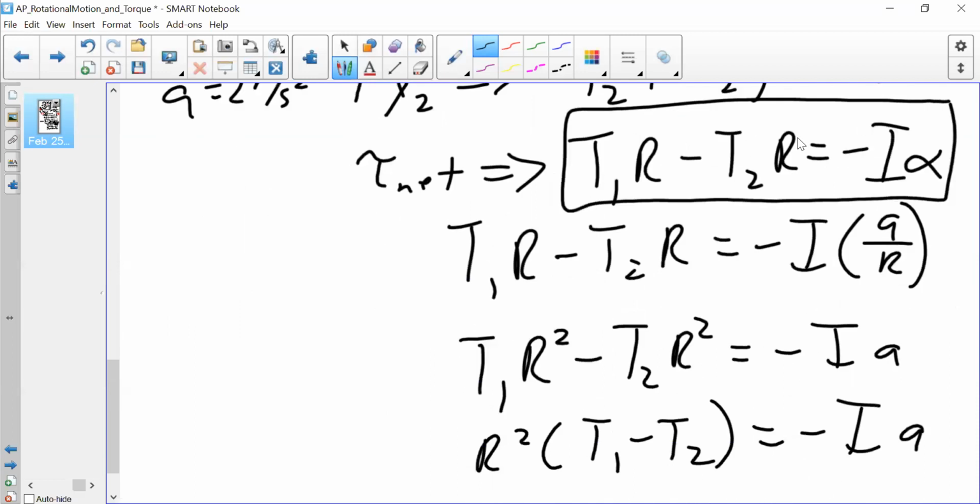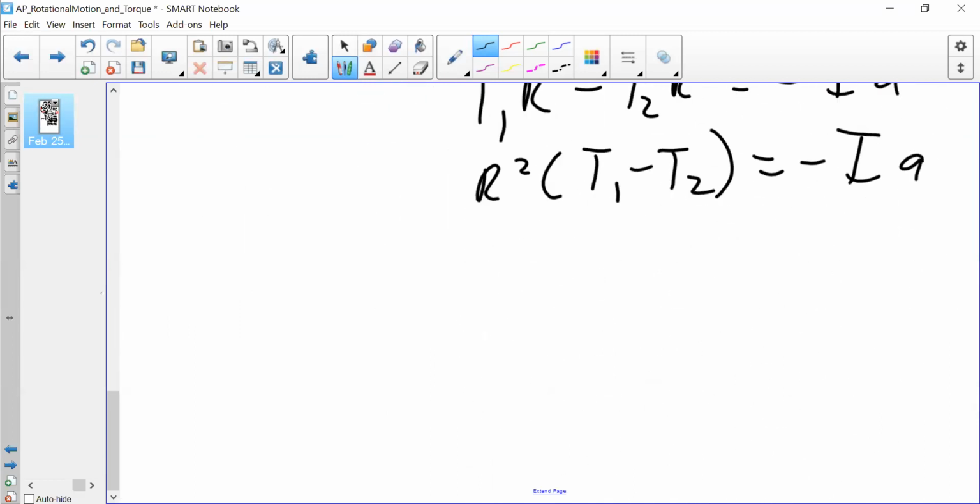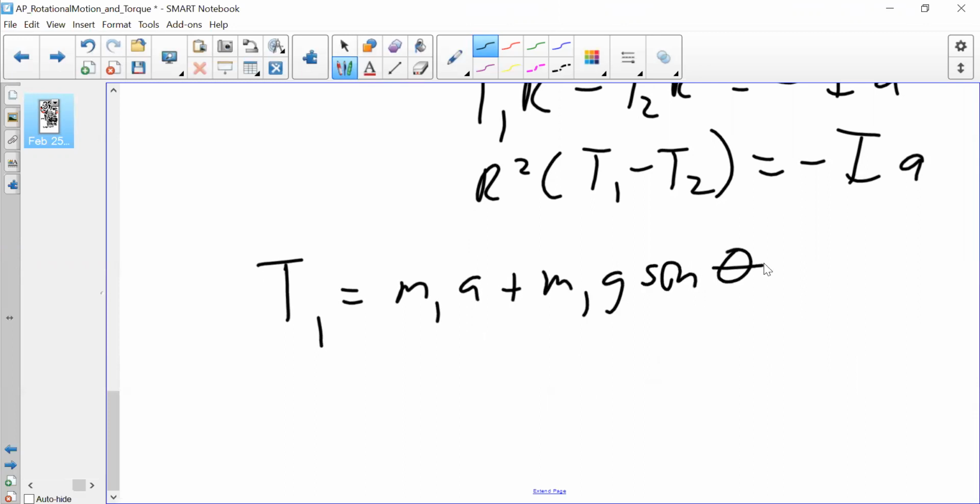So let's get our T1 and our T2. T1, we can just take the equation up top. So M1A plus M1G sine theta.